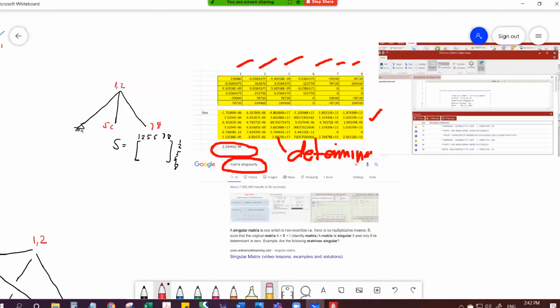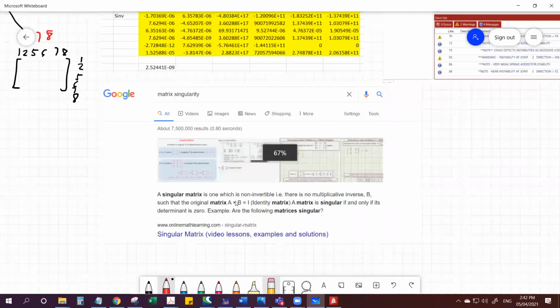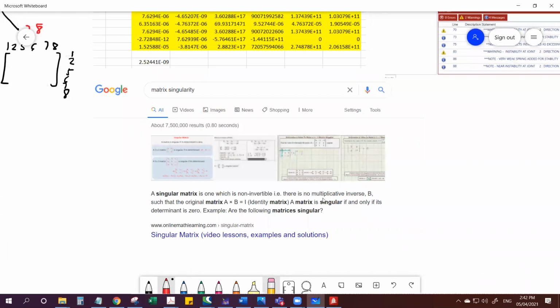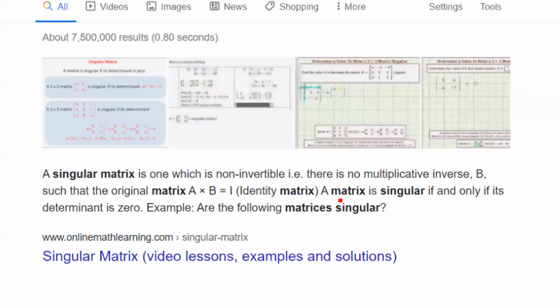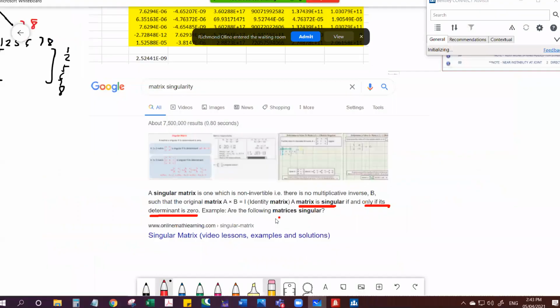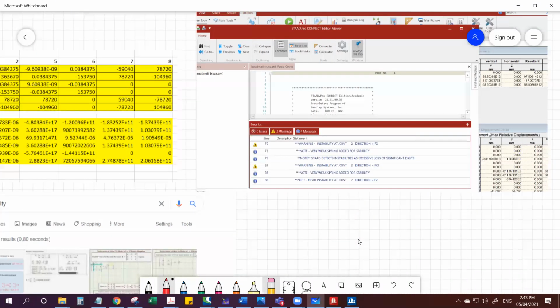So what is a singular matrix? It is one that is non-invertible. There is no multiplicative inverse B such that AB equals identity. A matrix is singular if and only if its determinant is zero. And when you model that in STAAD, this will happen.